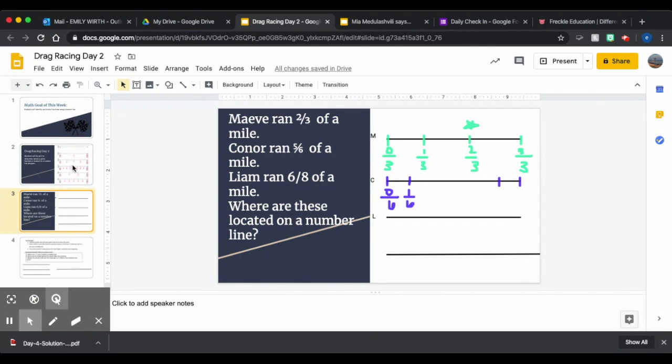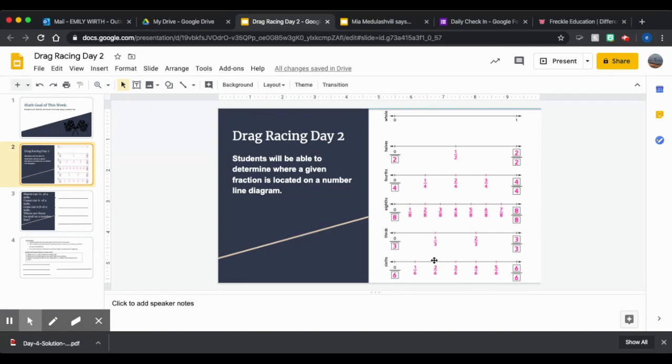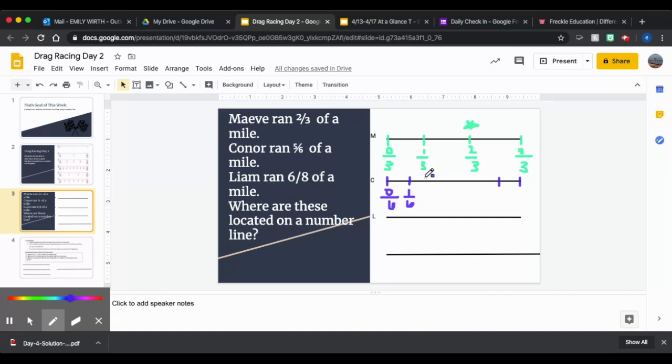If I look at my number line chart, I can see that 2/6 is equivalent to 1/3, so that's going to go directly underneath. 3/6, 4/6 is equivalent to 2/3, so that's going to go underneath 2/3. 5/6 and 6/6. And Connor ran 5/6 of a mile.